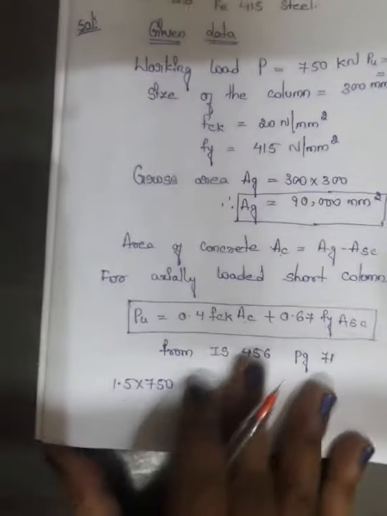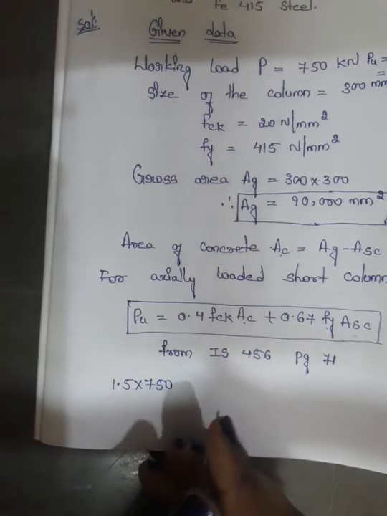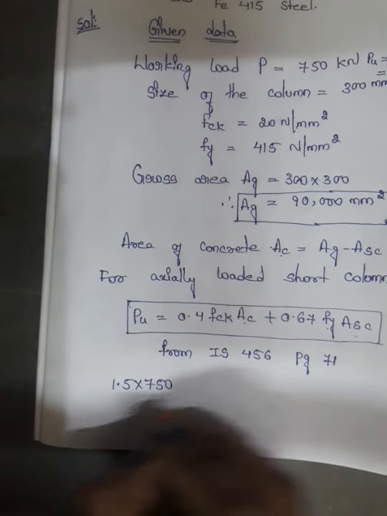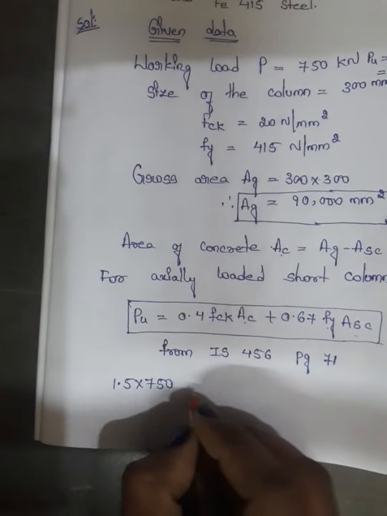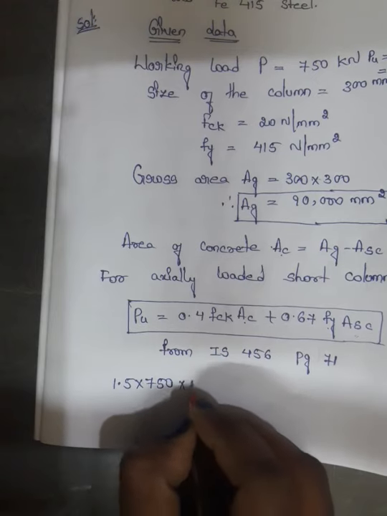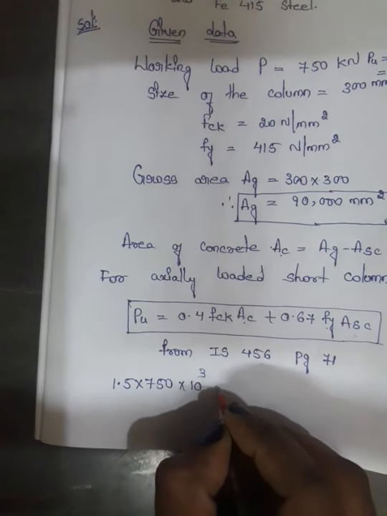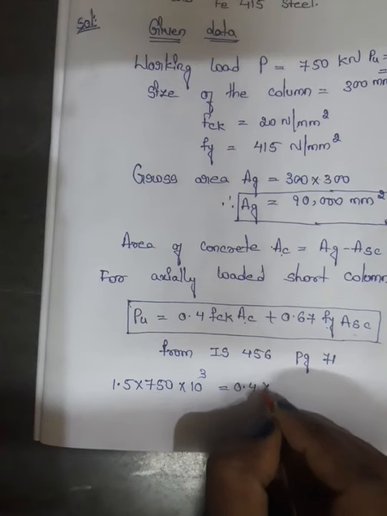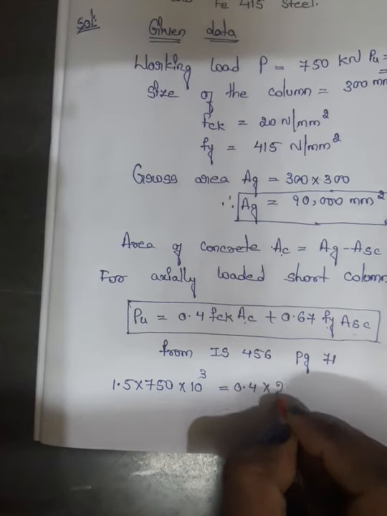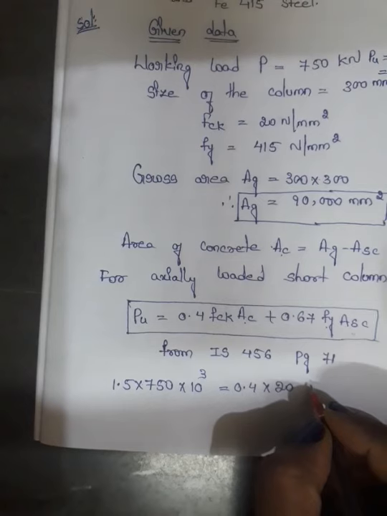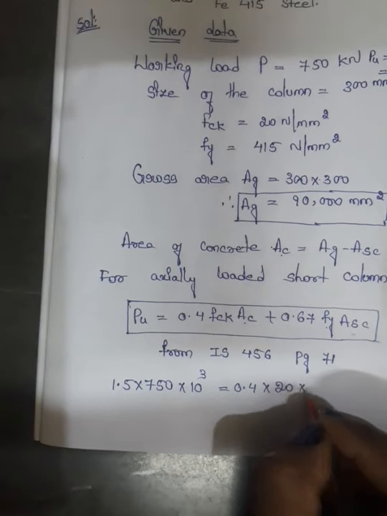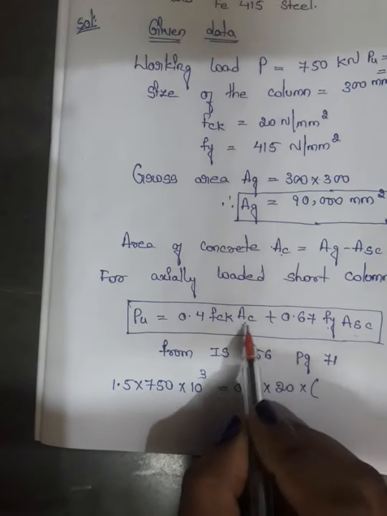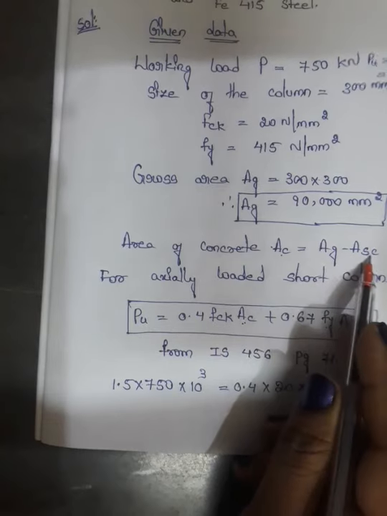So that you can substitute directly here, or else you can do it like this also: 1125 into 10 cube is 0.4 into fck, how much? 20, into Ac, which is Ag minus Asc, right?